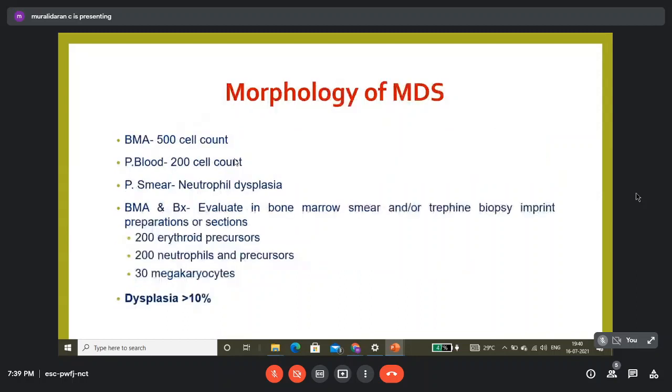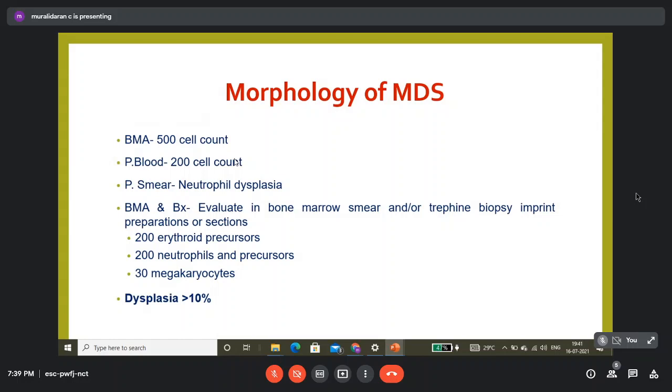Coming to the morphology of MDS, before that we should do a minimum 500 cell count in bone marrow and a 200 cell count in peripheral blood. In the peripheral smear we can also look for dysplasia, especially in areas where we can see dysplastic changes.